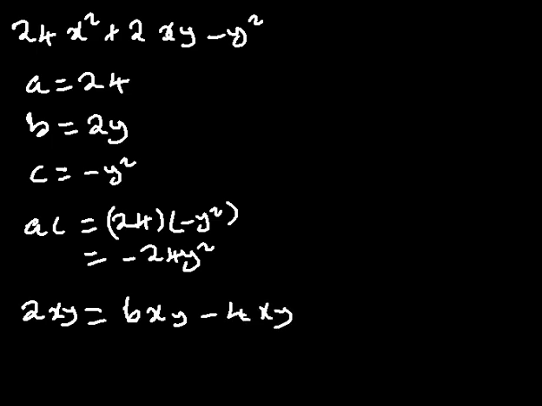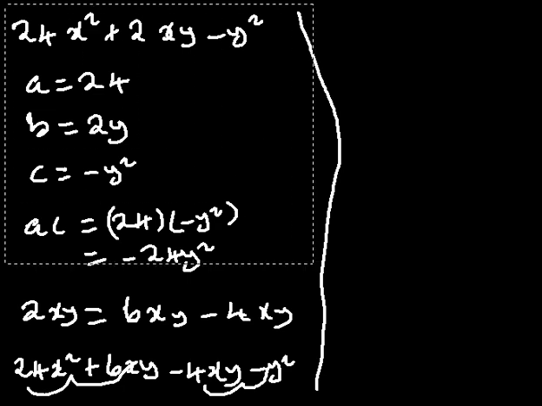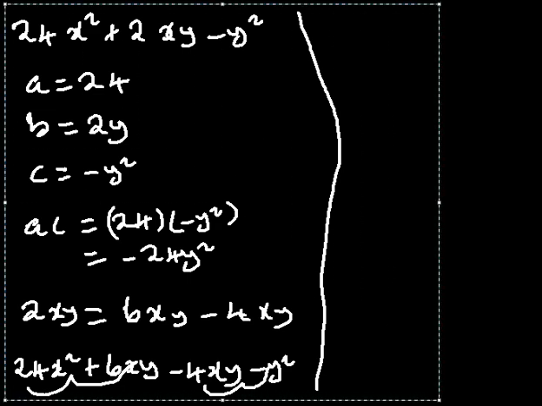That's how you should have it. Therefore we have 24x squared, and now we substitute: plus 6xy minus 4xy minus y squared. In that case, we'll have to pair up these terms. So try to do that on your own.